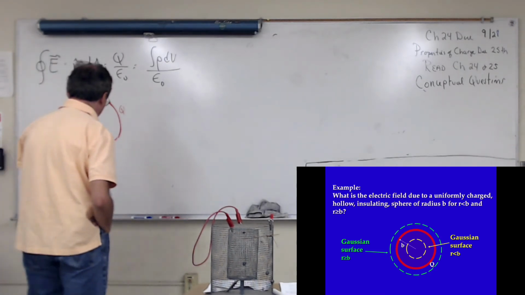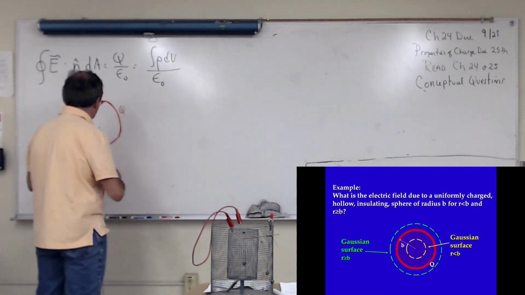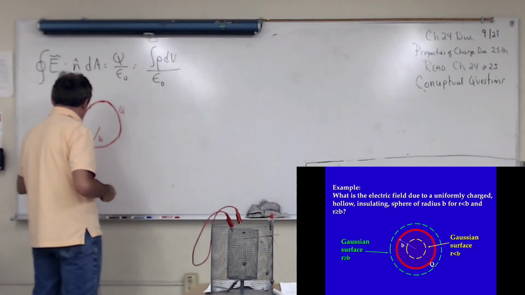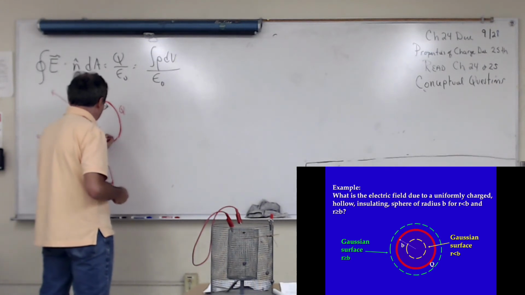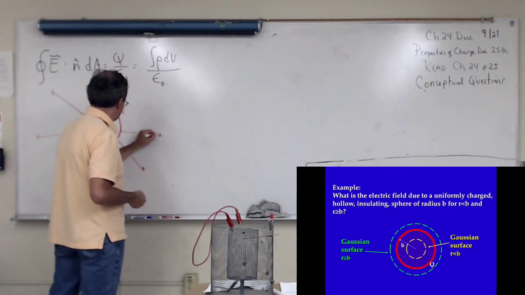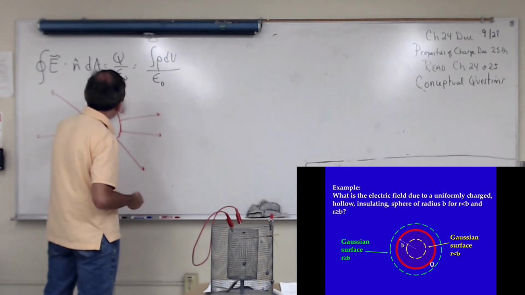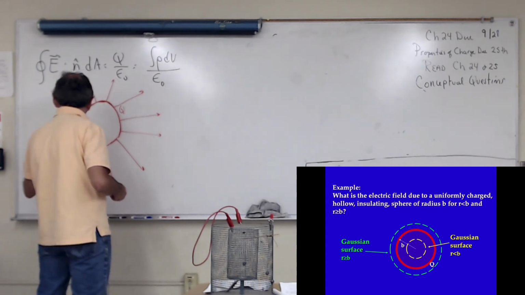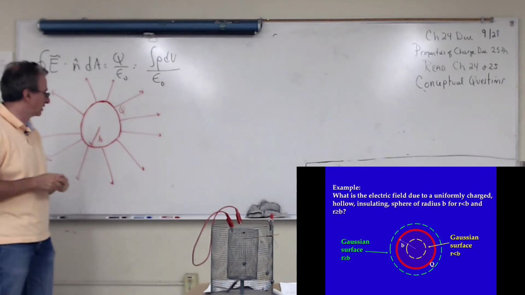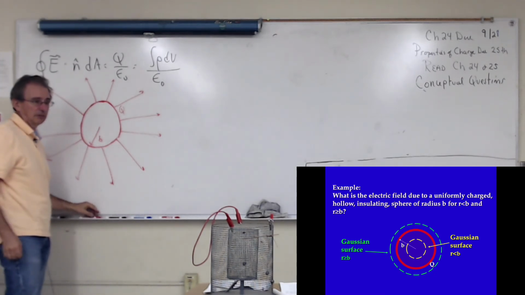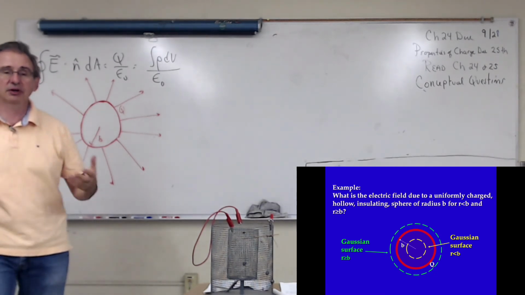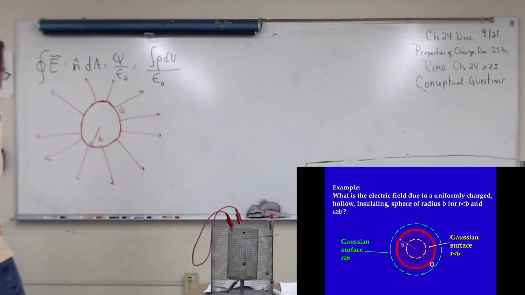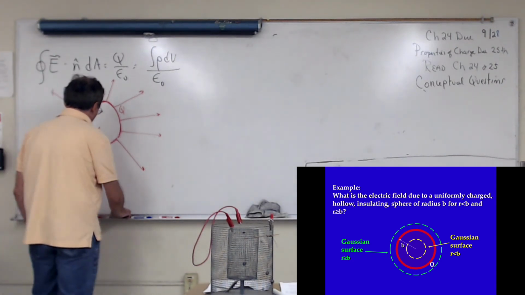And I know that it's going to produce an electric field that looks like this, because of its symmetry. Positively charged, the field line points away from the sphere. Because of its symmetry, it has the same behavior as a point charge when you're outside the sphere. But I want to find the field inside.